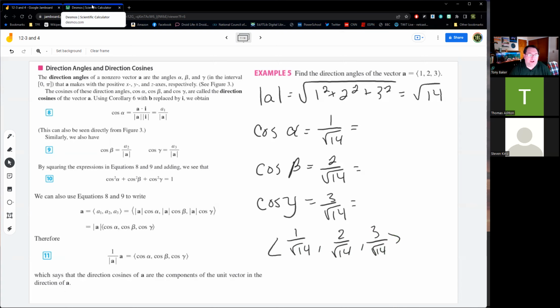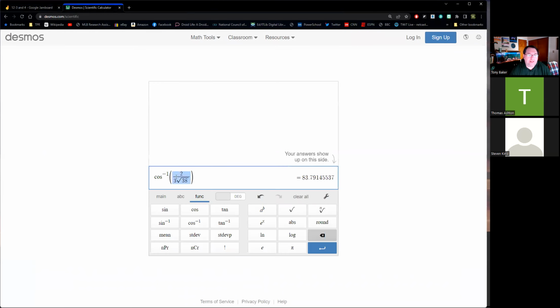The use case is actually figuring out the components of it, finding the actual lengths or the angles. So my first one is 74.5 degrees, then 57.7 degrees, and 36.7 degrees.